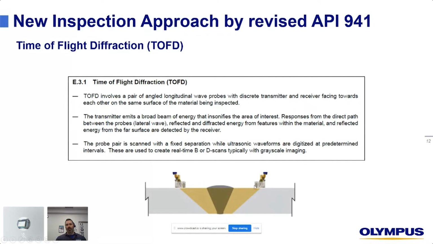You have the direct path, that is the lateral wave, and the skipping at the bottom, that is the back wall. While scanning, the pair remains at a fixed distance, and typically the result is an A-scan combined with a grayscale image, typically a B or D scan.